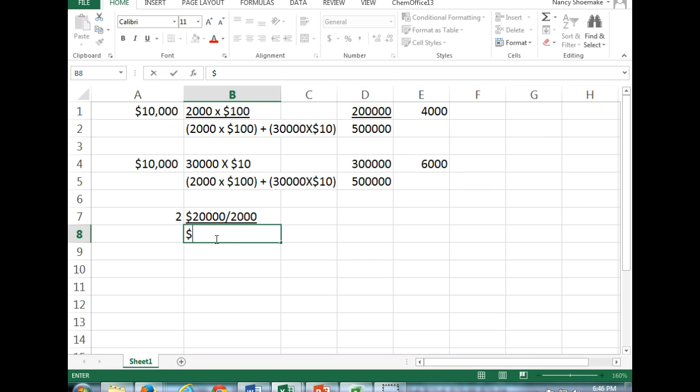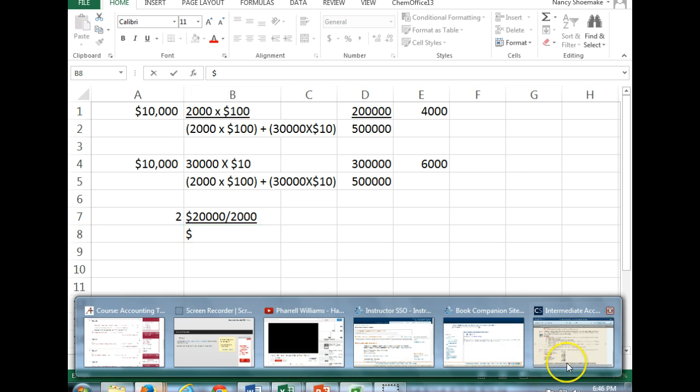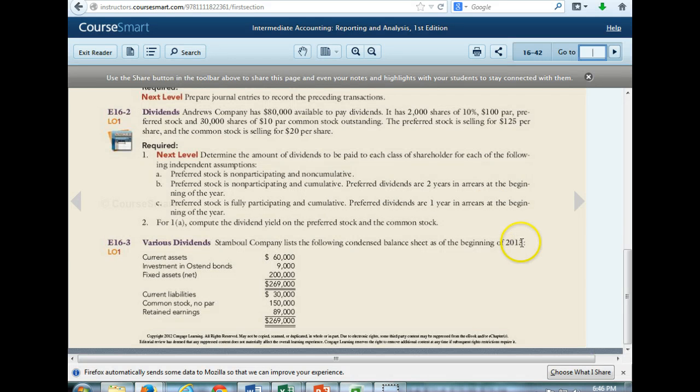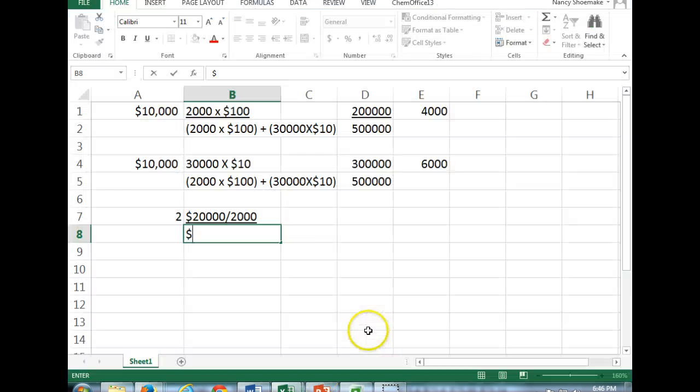100? The preferred stock is 100 and then the common is 10. It has 2,000 shares at 10%, $100 par. What's the preferred stock market value? 125. Thank you.